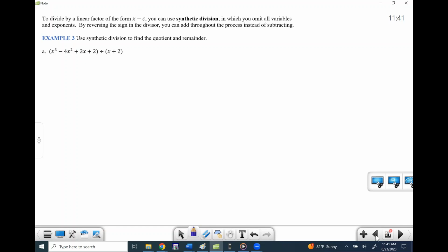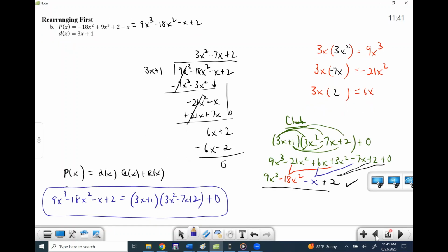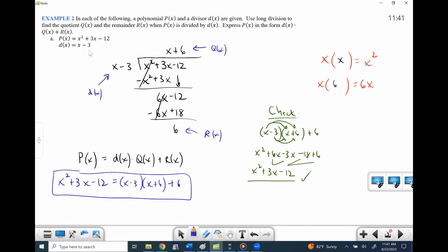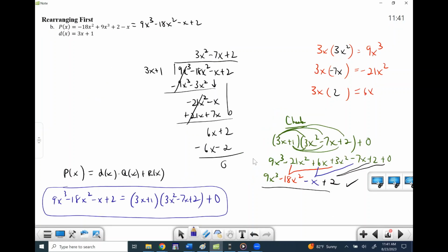So if I go back and look at the examples that we did, I could use it on this one because there's no leading coefficient and the exponent is 1 on the divisor. So we could use synthetic on example A. We couldn't on example B because of this 3 in front of the x.